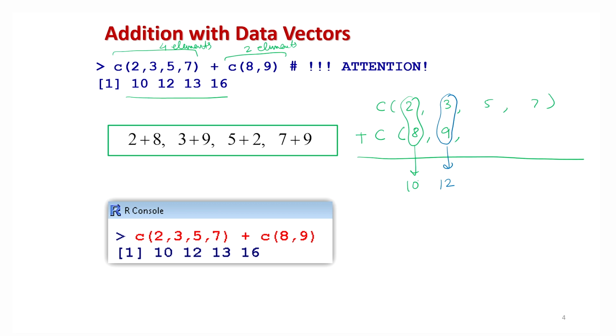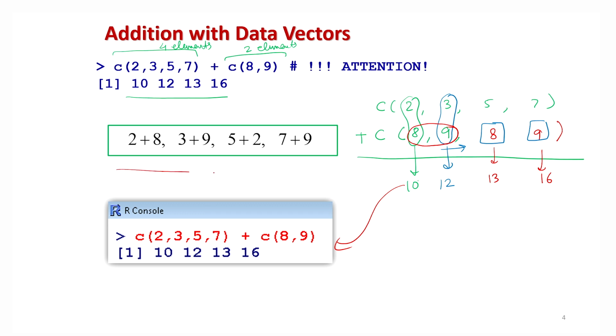After this, when R tries to move forward, it does not find anything to be added. In such a situation, R replicates the same numbers again. So this 8 and 9 will be added automatically: 5 plus 8 is 13 and 7 plus 9 is 16. This is the outcome we are getting here.